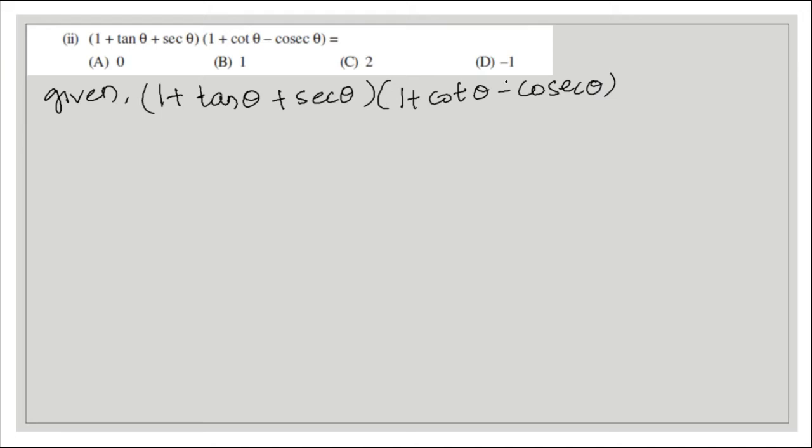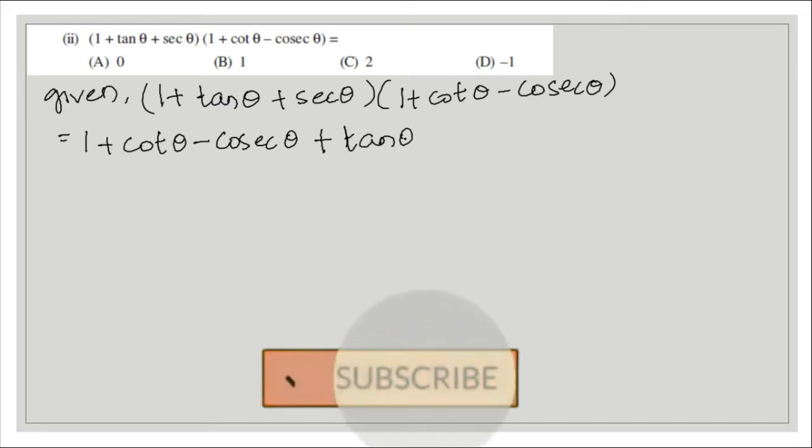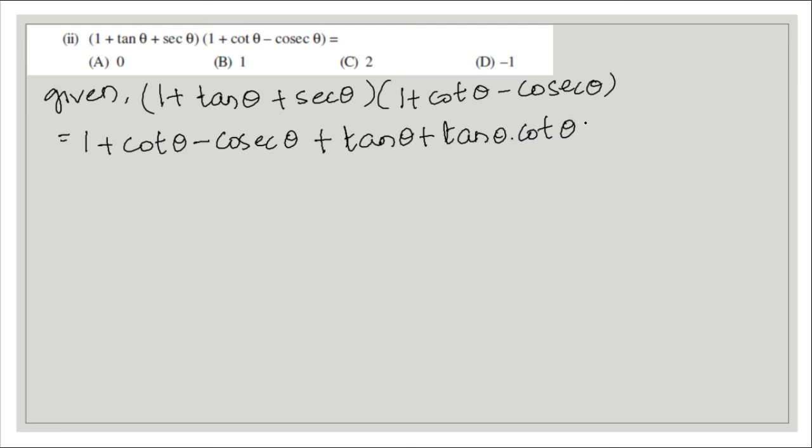If 1 is multiplied to all the three terms, we get 1 plus cot theta minus cosecant theta, plus tan theta multiplied to these three terms, I'll get tan theta plus tan theta into cot theta minus tan theta into cosecant theta.